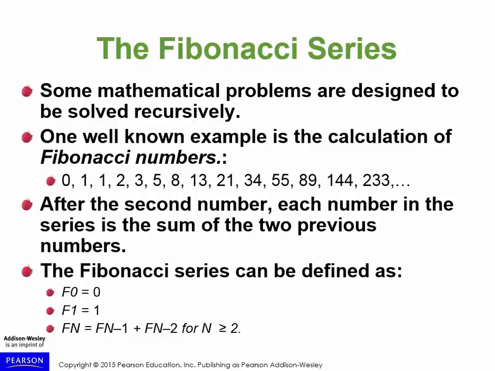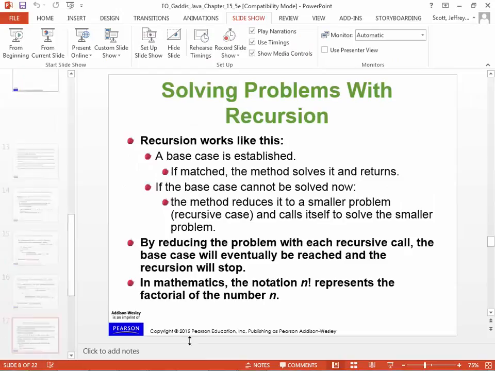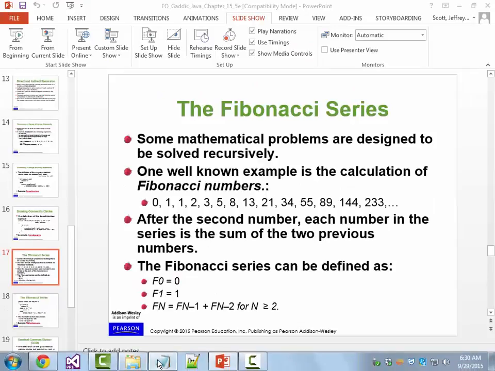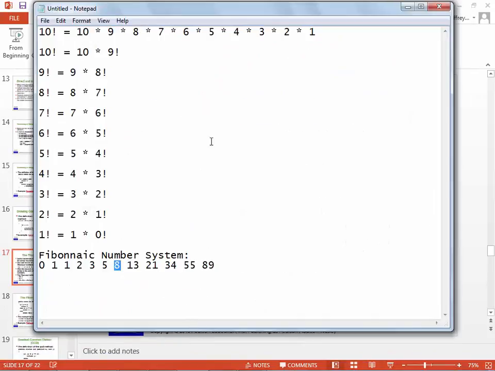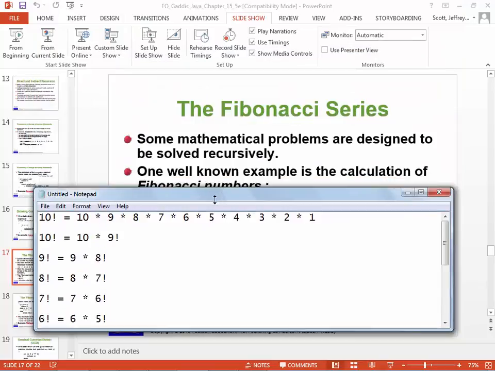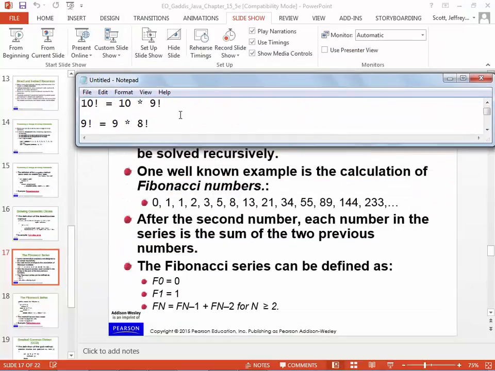This is the Fibonacci one that I've already mentioned to you. You can see, I think I did it right. Let's just take a quick look. Zero, 1, 1, 2, 3, 5, 8, 13, 21, 34, 55, 89. They went a little further than I did.